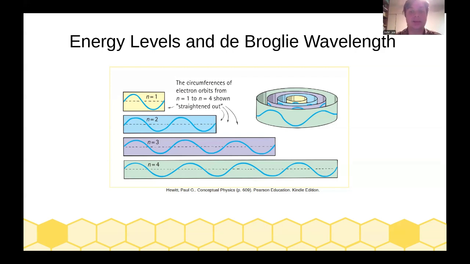What's interesting about this is that because there are only certain orbital radii, there are only certain orbital energy levels, which means that the only transitions that you can have from one energy level to another are from one of these orbitals to another, which corresponds to certain frequencies of light and certain energies of the electron.